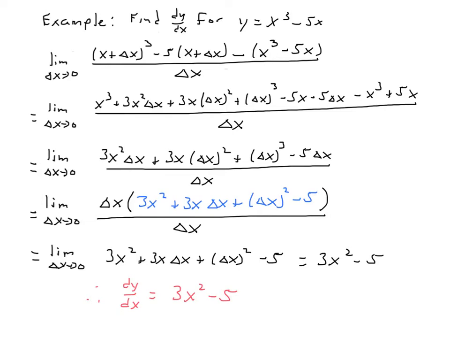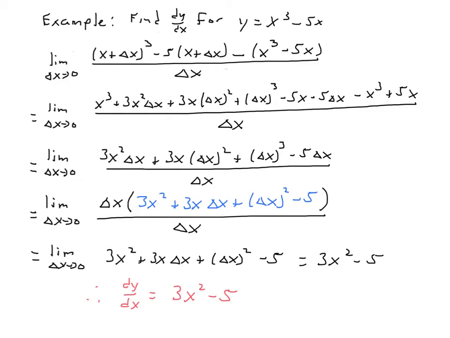Well, remember, f of x plus delta x is found by just plugging x plus delta x in for the variable here. So when I apply the definition of the limit here, I will have the limit as delta x approaches 0 of x plus delta x to the third power minus 5 times x plus delta x minus f of x itself, which is the x cubed minus 5x, over delta x.